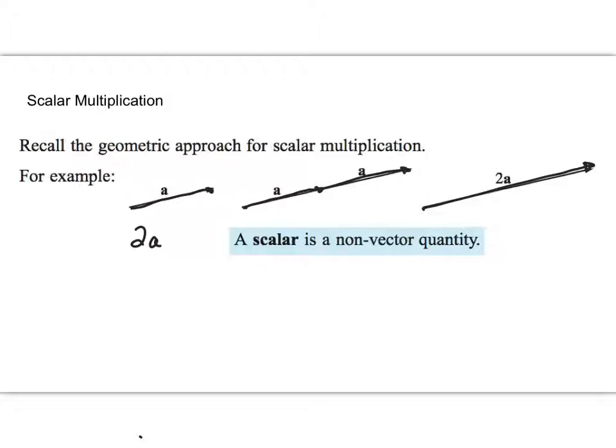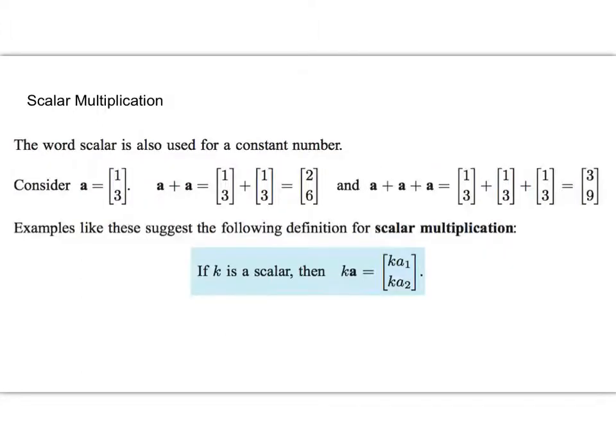So a scalar would be something like 2, 4, 1/2. It doesn't have a direction or a force. It's just a scalar. We also use the word scalar to mean constant number.